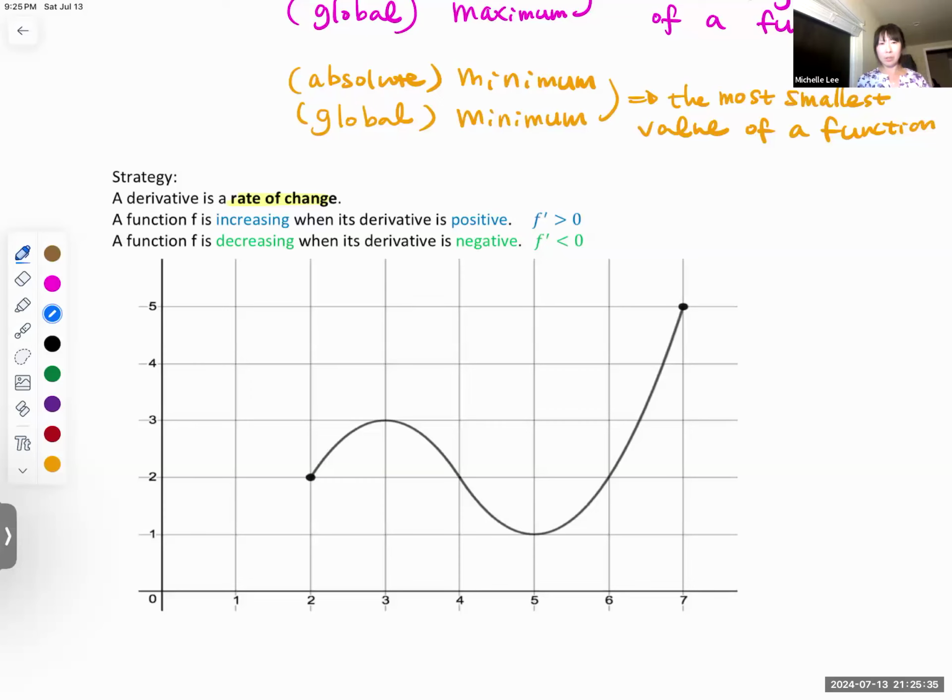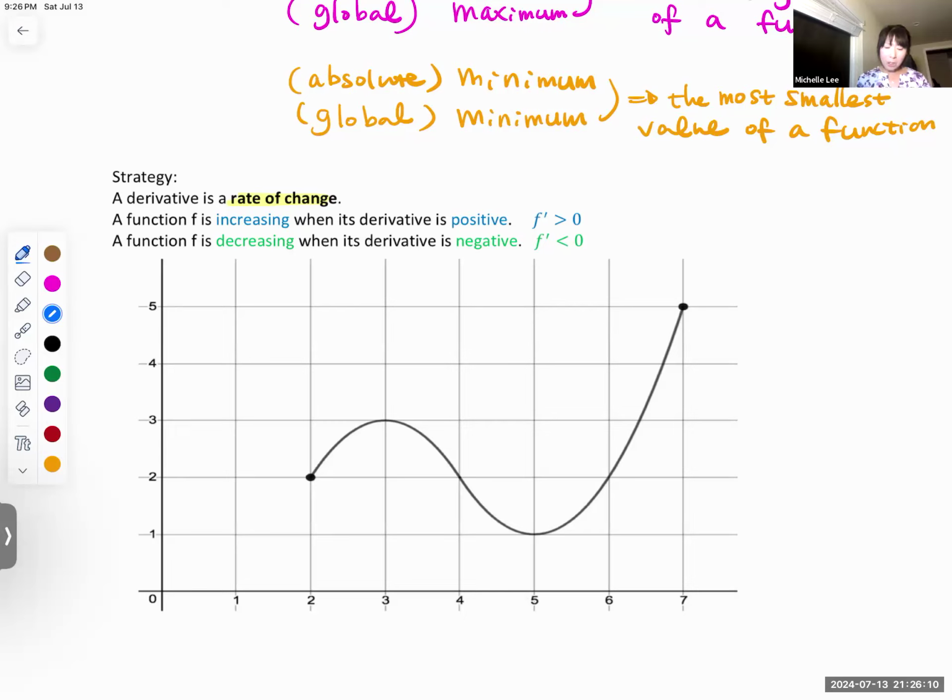Instantaneous rate of change, instantaneous speed, right? What else? We were finding marginal revenue, marginal cost, and marginal profit, right? And also finding the slope of a tangent line. So we have that for derivative.